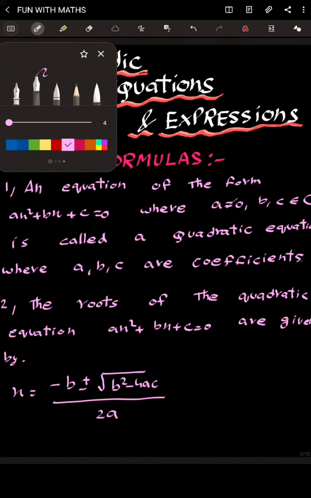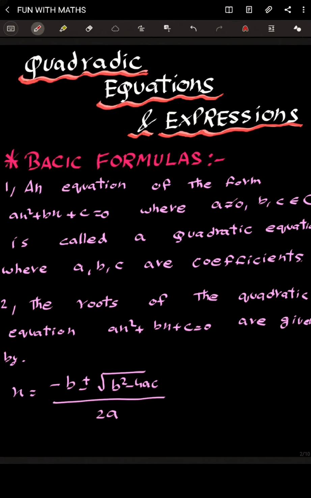So whenever in the question they ask to find the roots of the particular equation, at that time you should use this formula, that is x equal to minus b plus or minus root over b square minus 4ac by 2a.